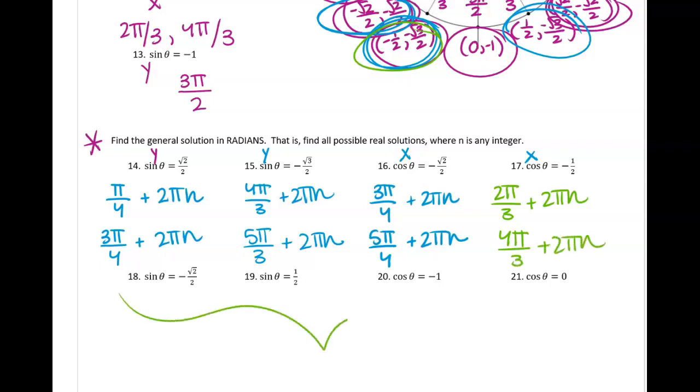Do these bottom examples on your own and check it with the key that I've posted in the folder with this video. Keep in mind with general solutions, you don't need to overthink the 2 pi n or the 360n too much. Just tack that on at the end when it's general, because it takes into account that you have coterminal angles to deal with.